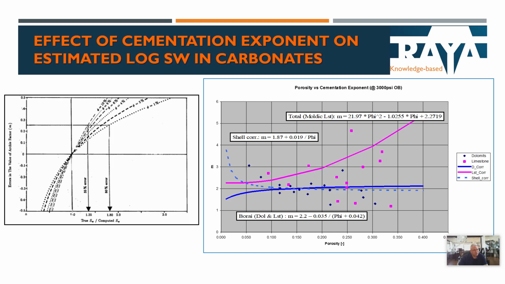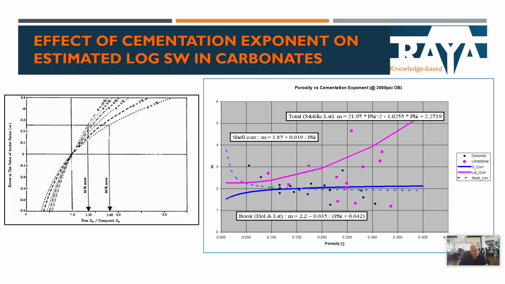This plot shows that only a small error in M value, for example here 0.25, then for a 10 porosity rock, will give an error of about 35% on water saturation.